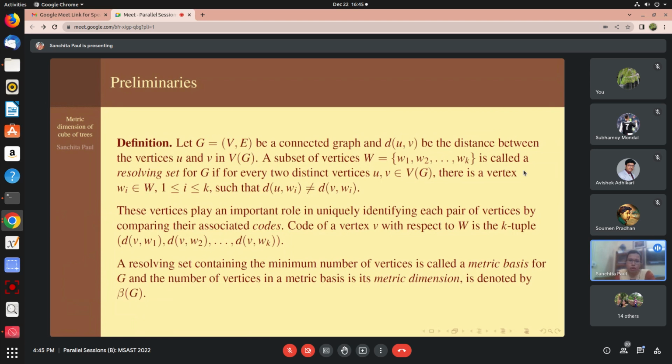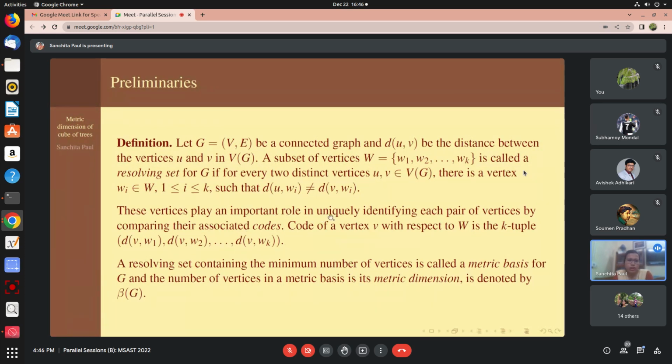By the code of a vertex, we mean a k-tuple, where every coordinate is the distance of the vertex V from each of the vertices of W. If any two vertices have different codes, then that vertex Wi resolves U and V.